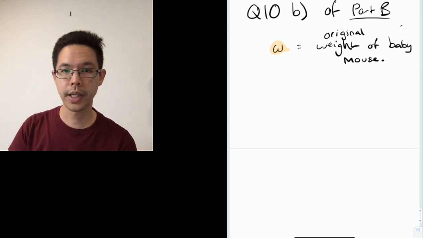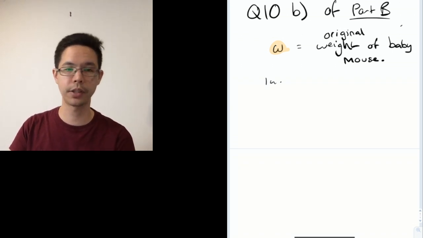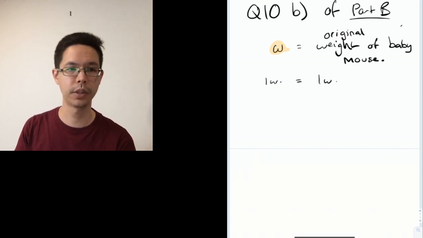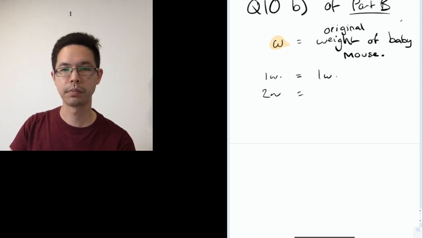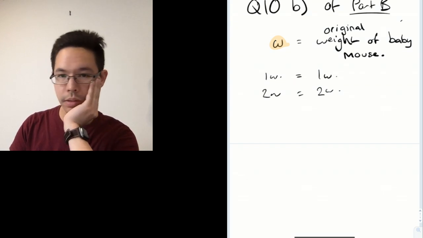So it looks like after 1 week, I'm just going to try and build it out by thinking out loud. I already sort of have some ideas what I might do. After 1 week, it's just going to be 1 times W, wouldn't it? After 2 weeks, it's going to be doubled, so twice the baby's weight.